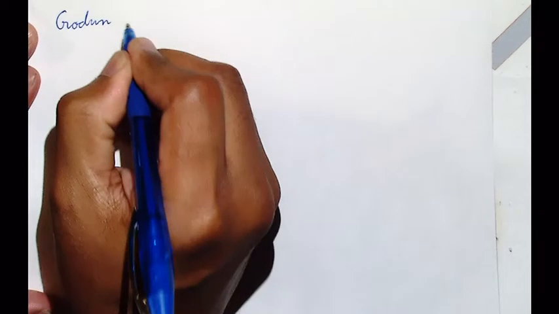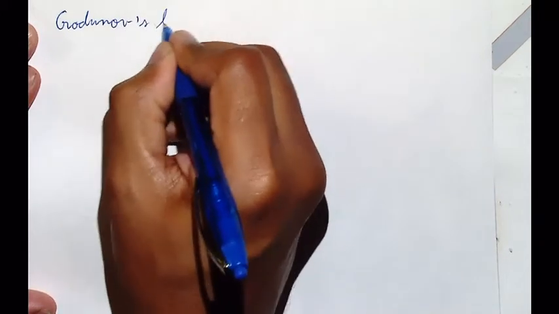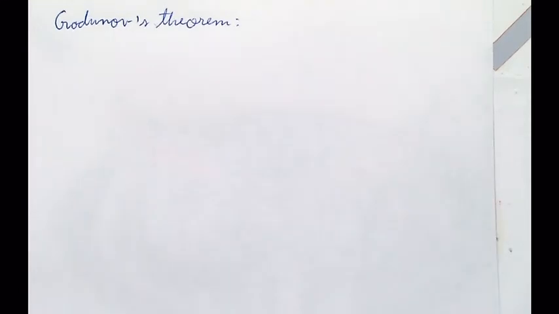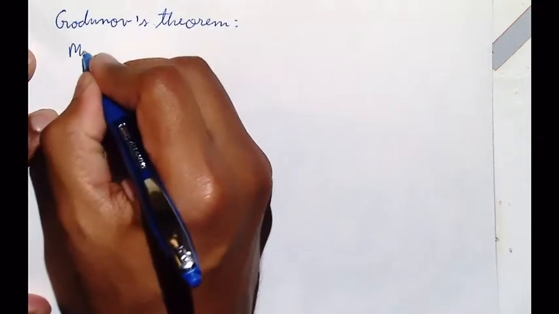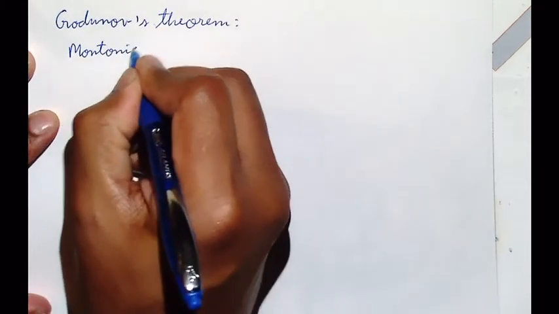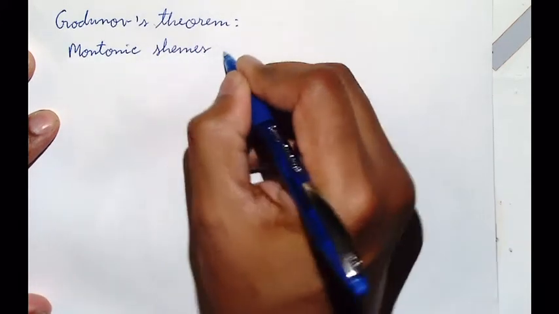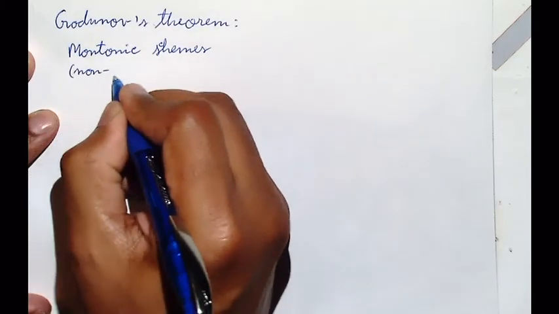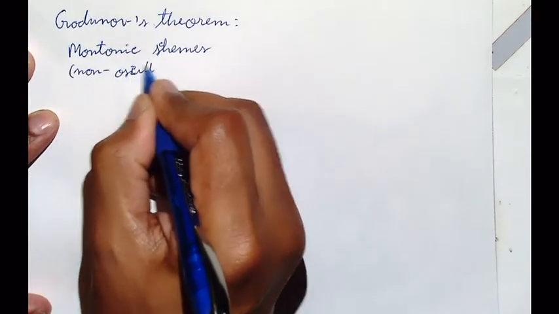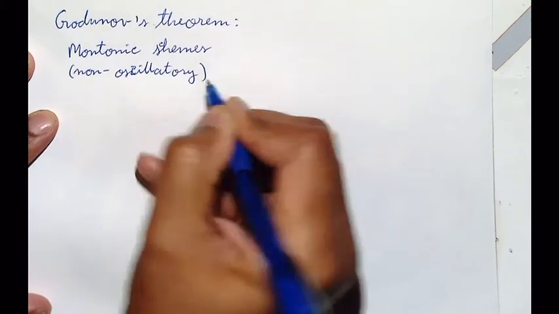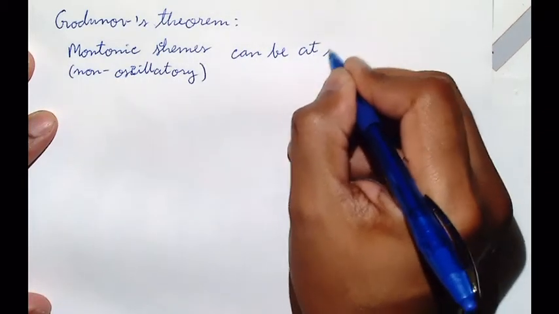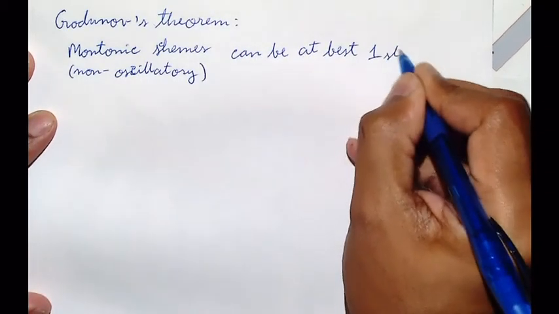Godunov's theorem is: monotonic schemes, which means non-oscillatory, can be at best first order accurate.